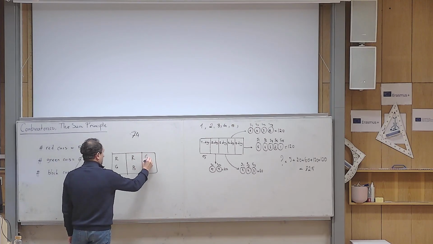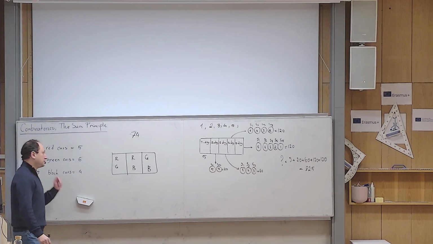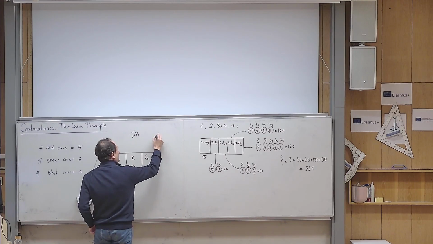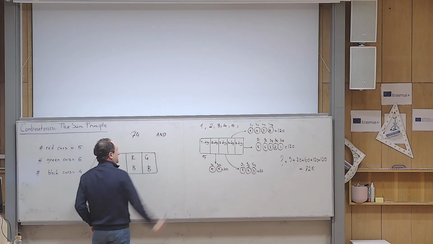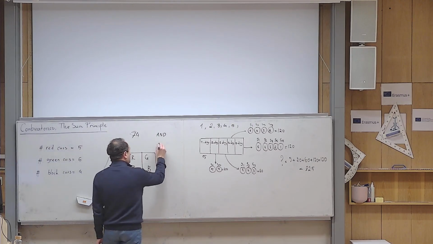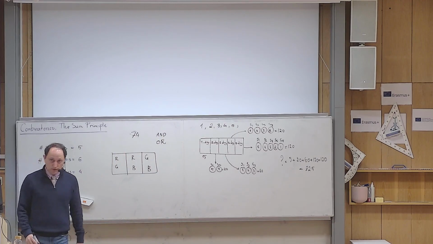Green, black. Okay, so I want you... I've missed this point. So I would say that the conjunction "and" is usually indicating to use the product principle, and then of course the disjunction "or" usually is indicating to use the sum principle.